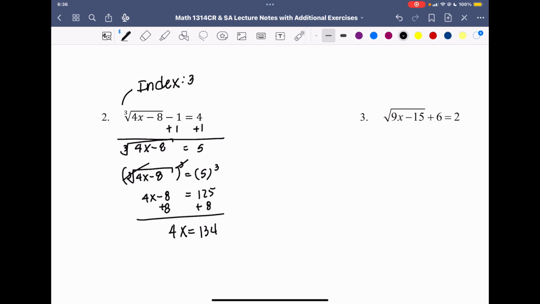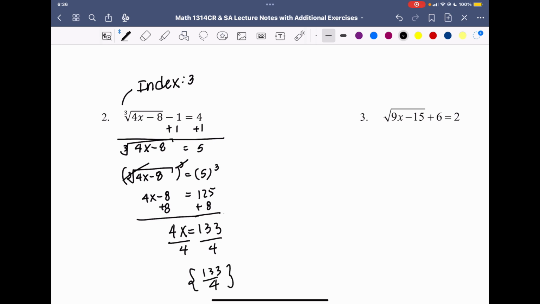So 125, this is going to be plus 8. So this is going to be 133. And then divide by 4. So it's 133 over 4.